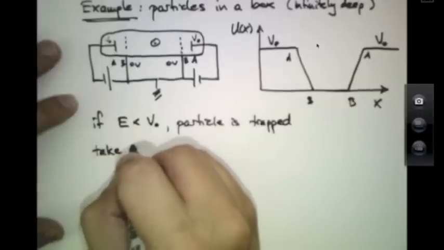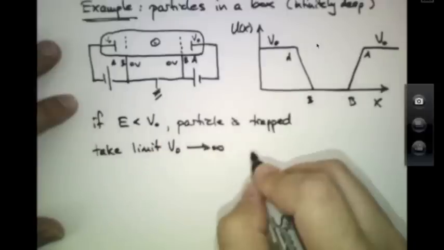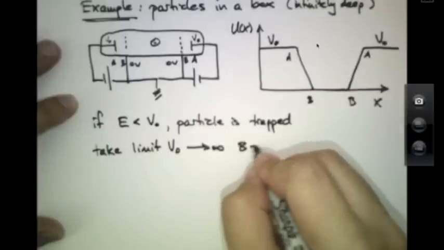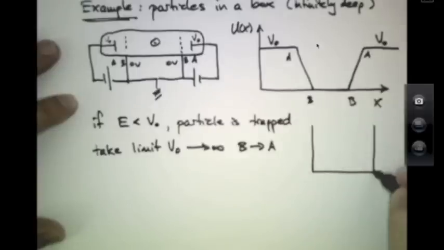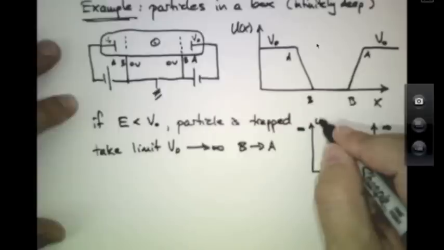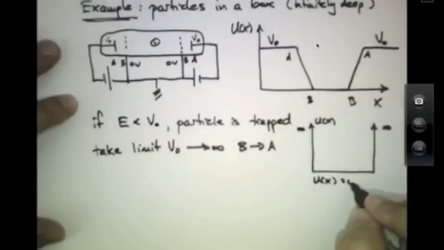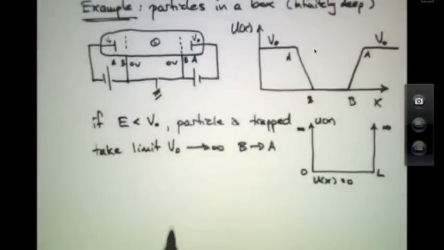We're going to imagine a limit where this potential goes to infinitely large, and that B goes to A, so that the potential energy is 0 in between 0 and L, but goes to infinitely large if you're outside of 0 and L.